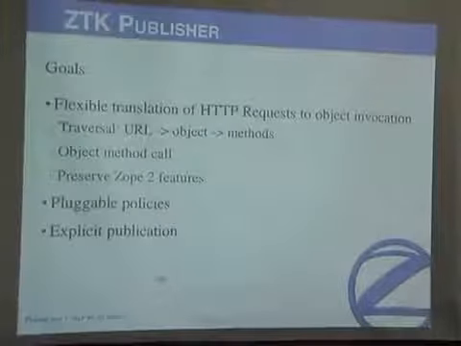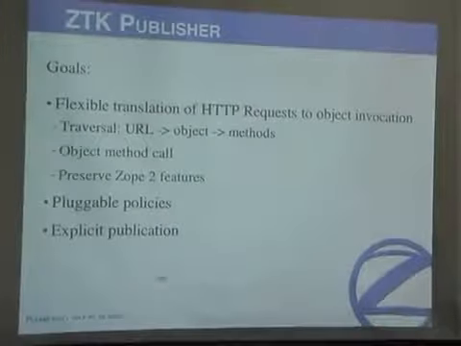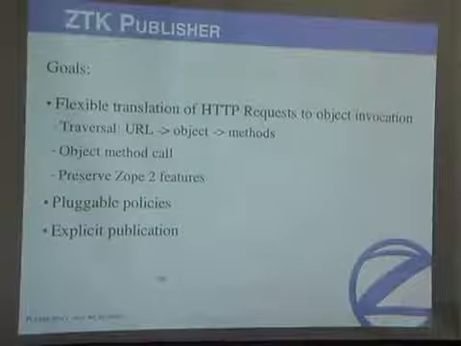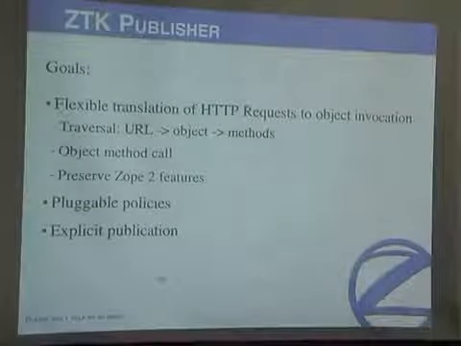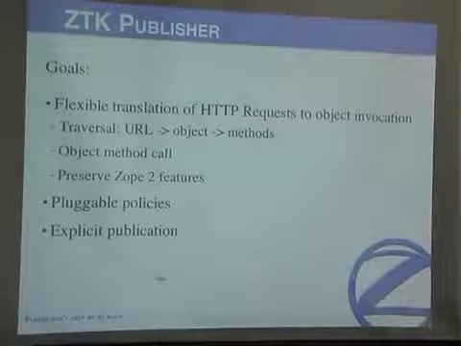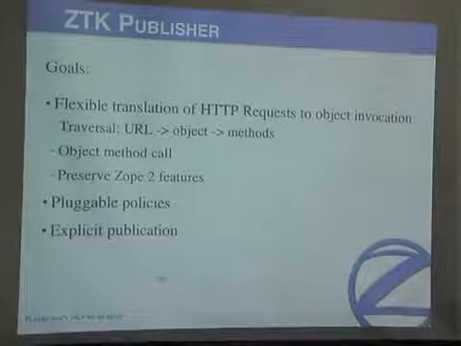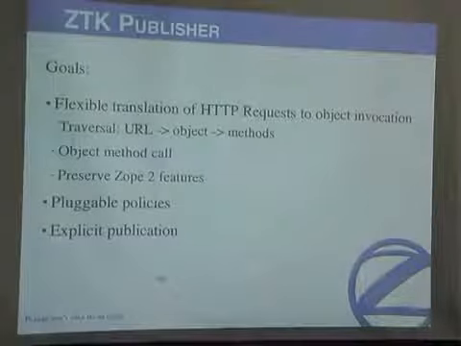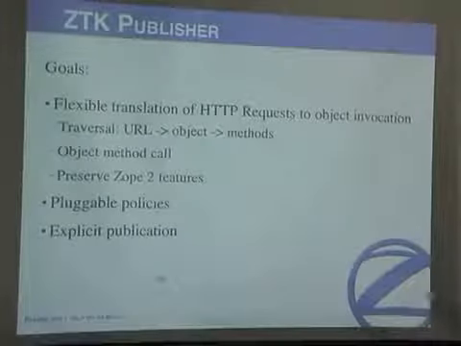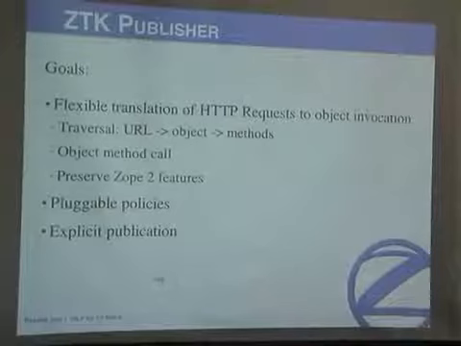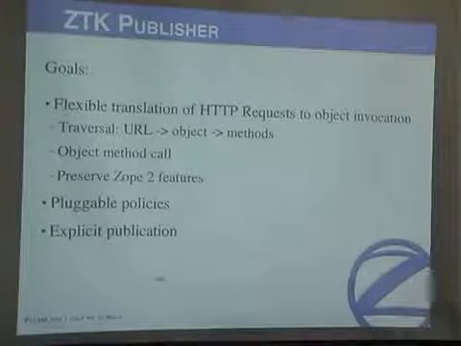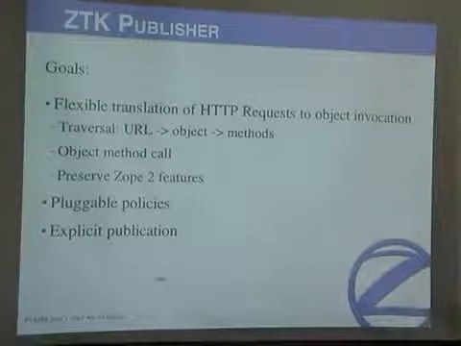Okay, so moving forward a little bit, we have what in an earlier slide I referred to as the Zope 3 publisher. In the Zope community, we're trying not to talk about Zope 3 too much because the goals of the Zope 3 project ended up not being to replace Zope 2, so it ended up not making any sense to call it Zope 3 anymore.